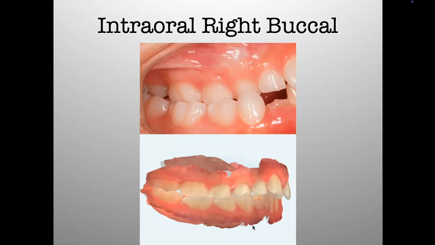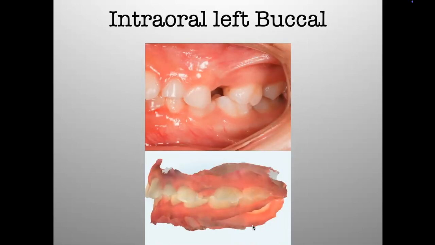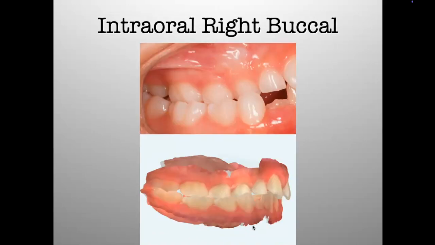How's our proclination of our central incisors? Would you say if you had to pick between proclined or retroclined? Yeah, maybe a little bit more proclined. All right, so looking at the left side, same kind of situation. So, wait, what was that? Go ahead. Agreed, yeah.